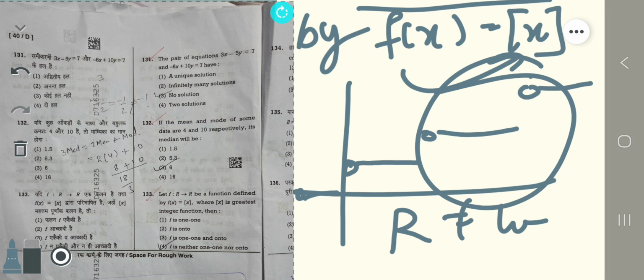So option number 4 is the correct answer, that is, neither one-one nor onto.